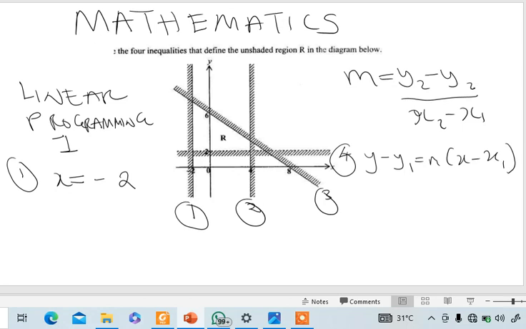This is an equation, but for it to be an inequality, you have to apply these signs: either less than, greater than, less than or equal to, or greater than or equal to. So to help us identify which one we are going to apply, we're going to look at this line and look at the part where it's shaded.